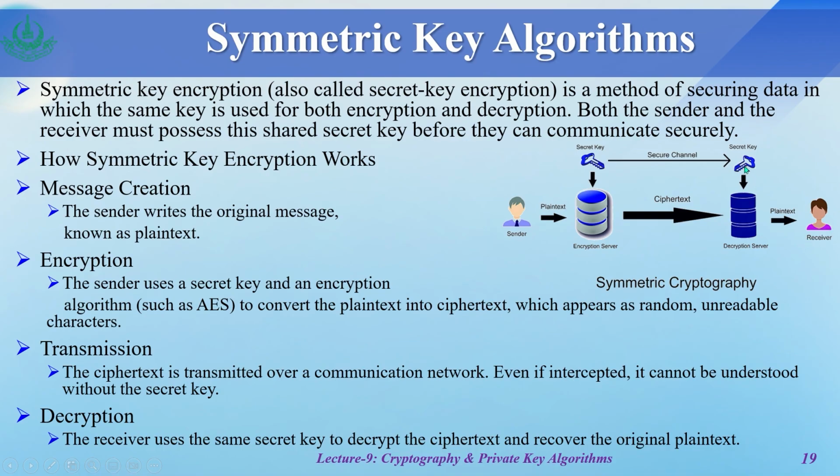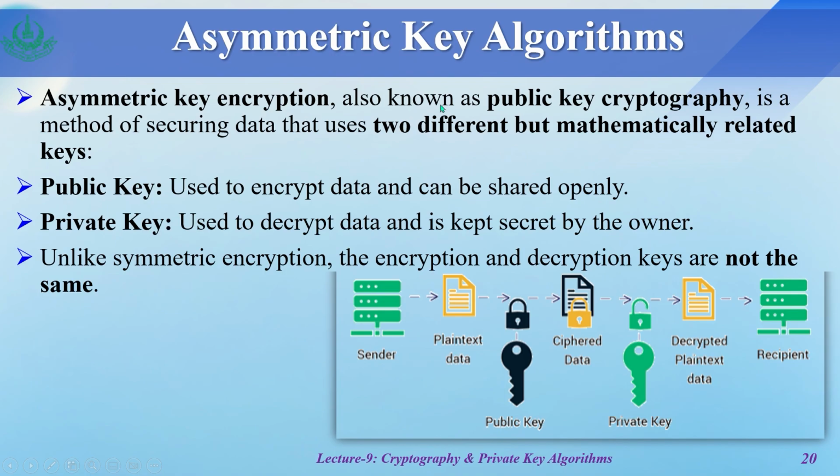The user at the other end has the same secret key and a decryption algorithm. In this way the encrypted message is created, transmitted to the other end, and decrypted there.